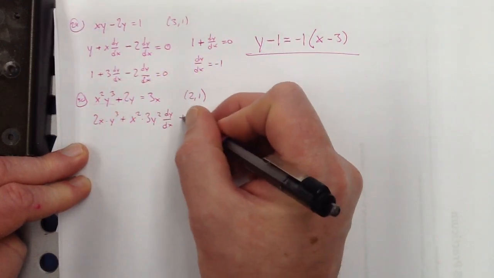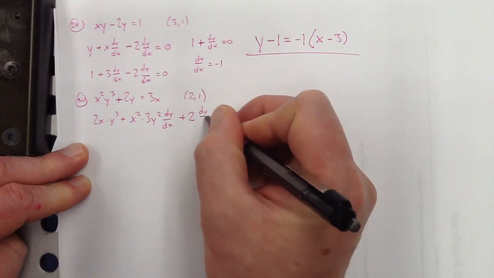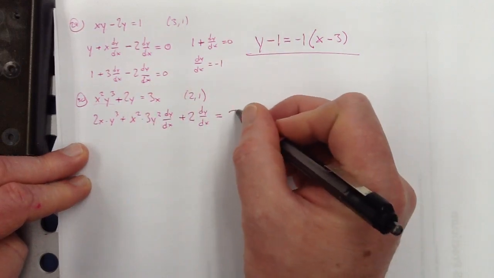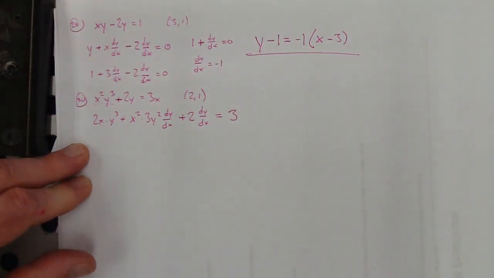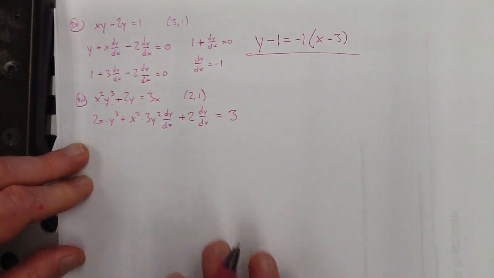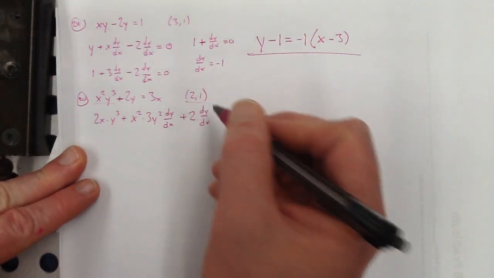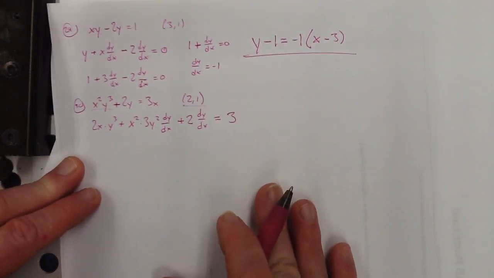Derivative of 2y is 2 dy dx. Derivative of 3x is 3. Same option. You can solve for dy dx if you want, or you can just plug these in right now, since we're only looking for the derivative at this point.